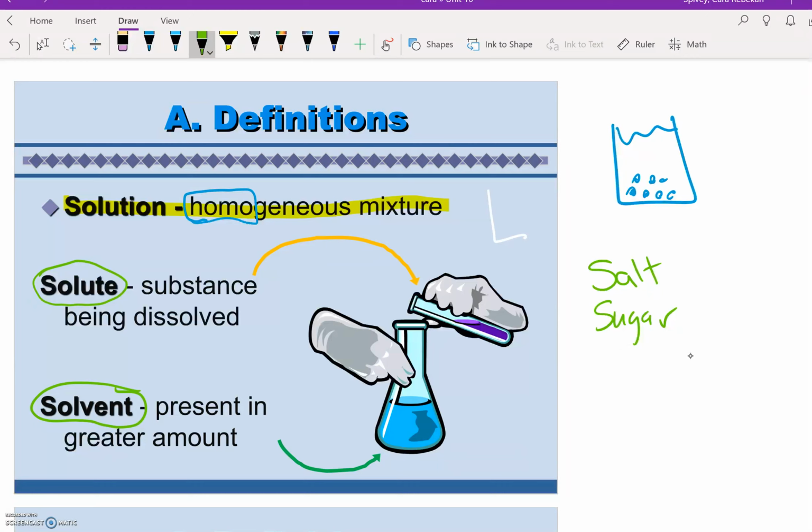The solvent is the thing that does the dissolving, so you might want to take note of that. And for solvents, there's lots of popular ones, but water is the major solvent. So again, those are three brand new definitions that you need to know the difference between.